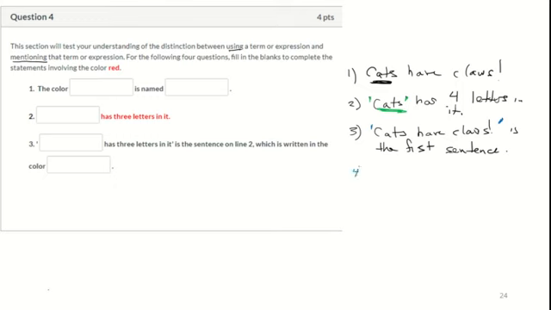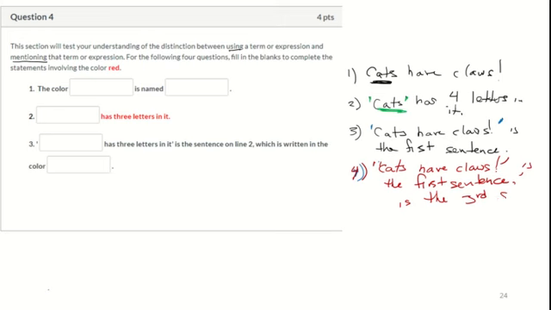Again, we can keep iterating this more and more. I'll change colors just so it can keep things clear. Sentence four is: ''Cats have claws' is the first sentence' is the third sentence.